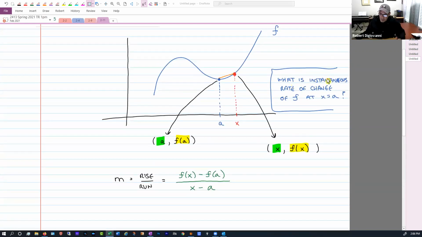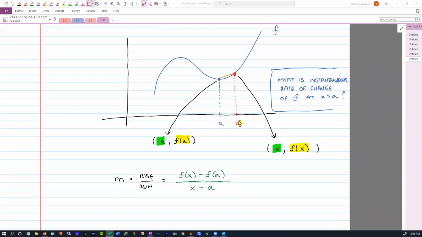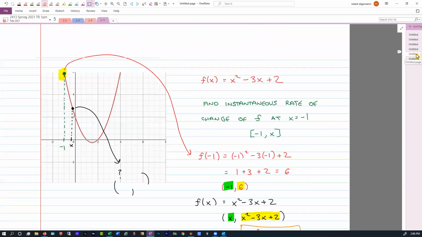If we want to know what's happening exactly at A, then I don't want this X here, right? So where do I want to move that X to? Would you have to set a limit first? That's right.